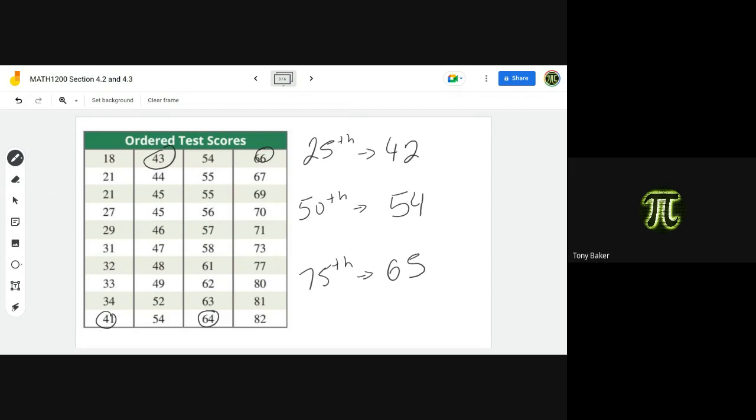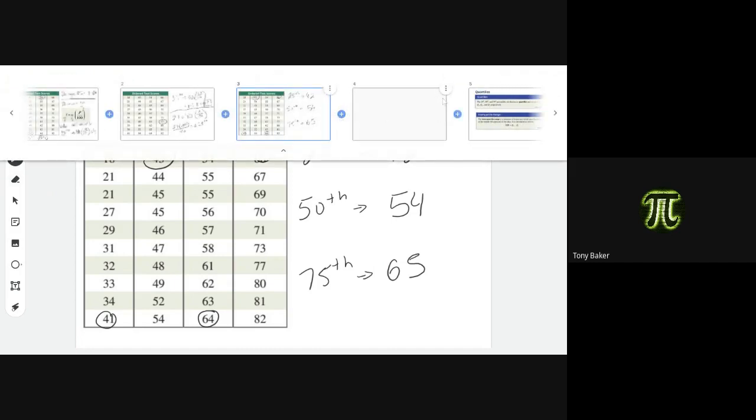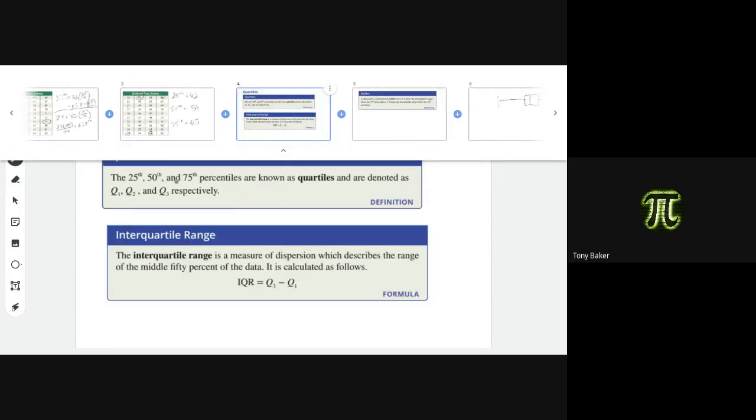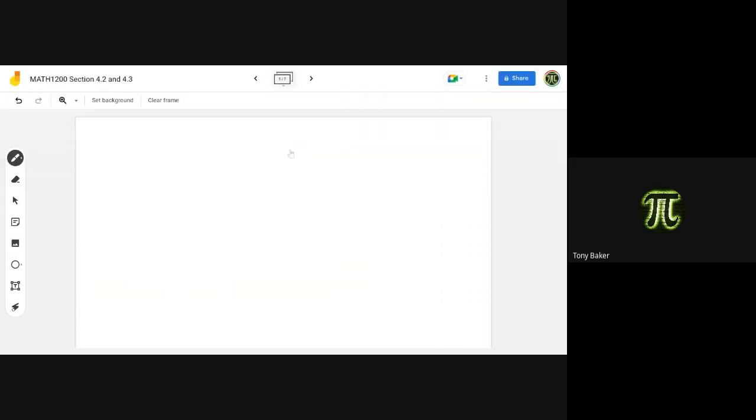This is what we're going to use to split the numbers into pieces to make my box and whisker plot. So we actually can make my box and whisker plot for this now. This is what quartiles are, 25, 50, and 75.